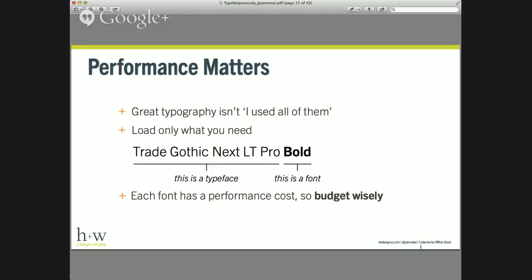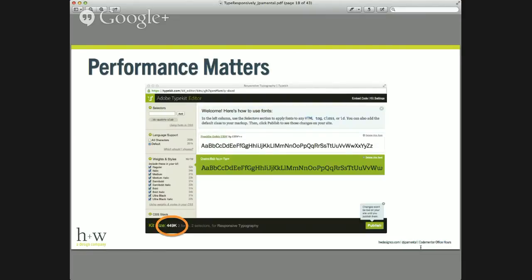So I wanted to show you what tends to happen if you're not careful when you use some of these font services. So this is a screenshot from Typekit, which I'm a real fan of, and they're better at this now than they used to be. But what used to happen is when you were choosing typefaces to use in your kit on Typekit, it would add all of these weights and styles.